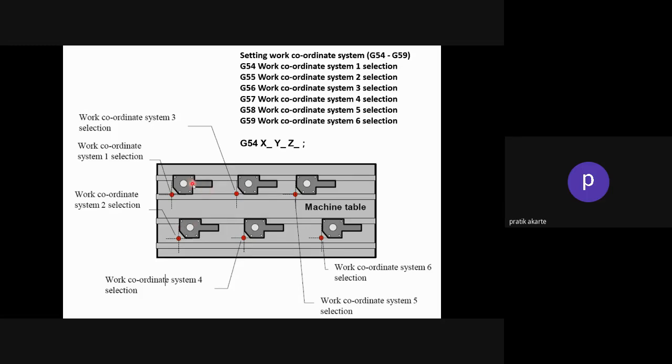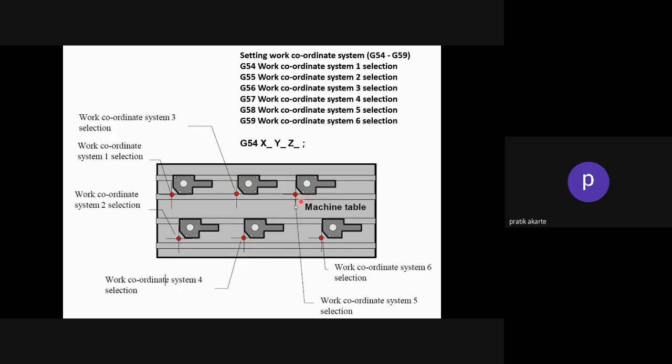That's why those parts are located at different work coordinate systems, and G54 to G59 are the different work coordinate system selection codes. It first selects this coordinate system. Once this part is done, the machine will move to the second coordinate system with G55 and rerun the program, then move to the third one, the fourth one, the sixth one; likewise the programming will happen.